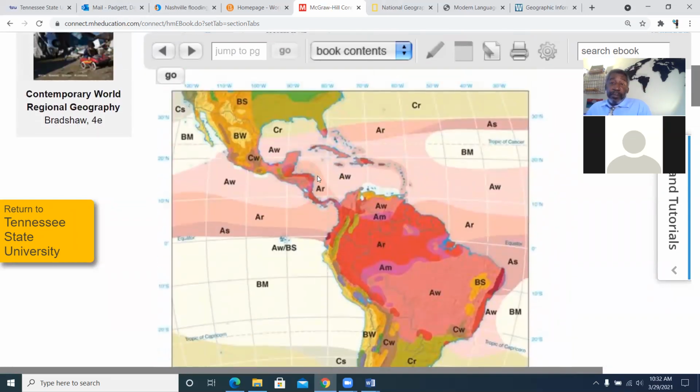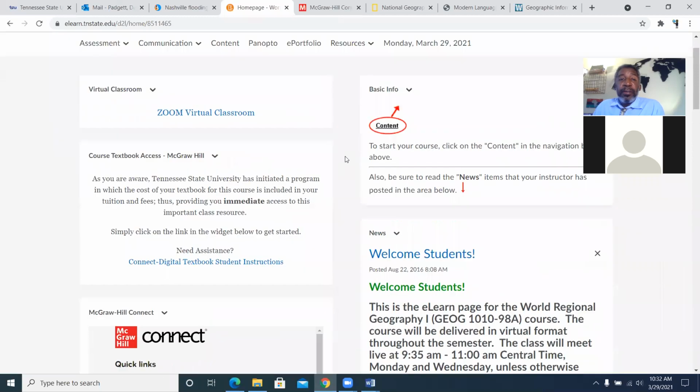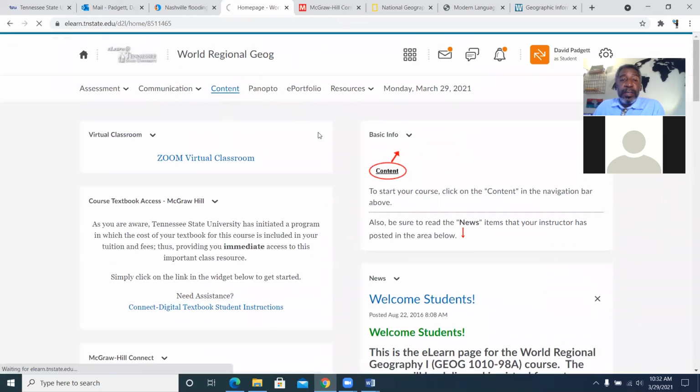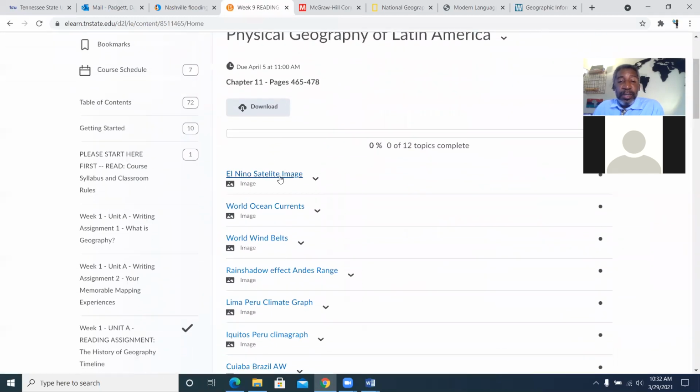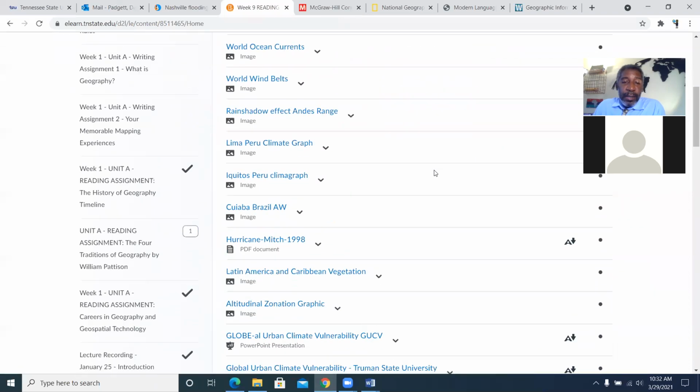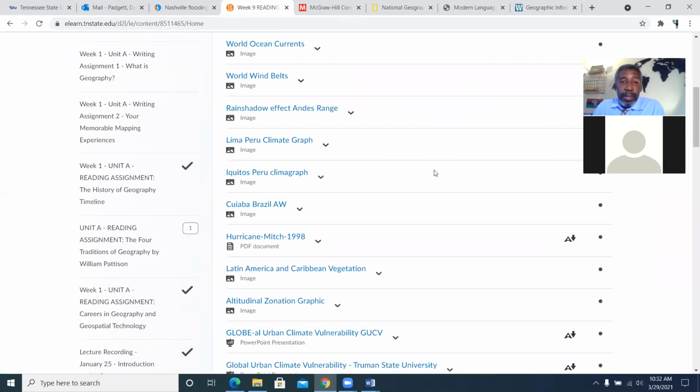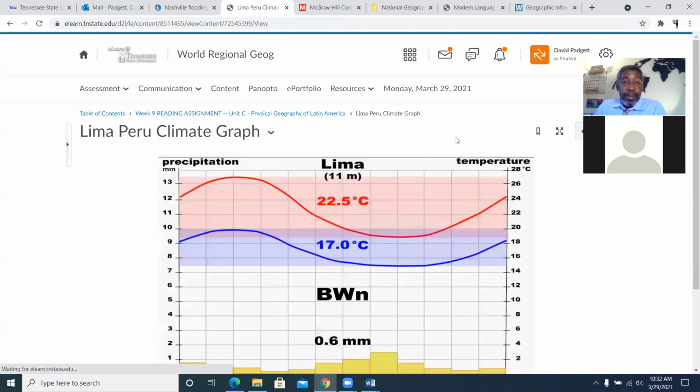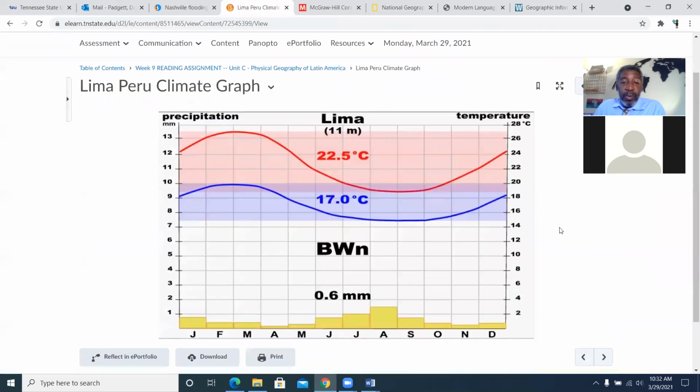So let's take a look at some of the characteristics of these climate regions. We can do this by examining the various climate graphs. Here is a climate graph for Lima, Peru.